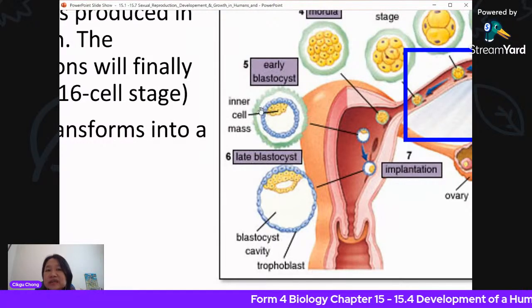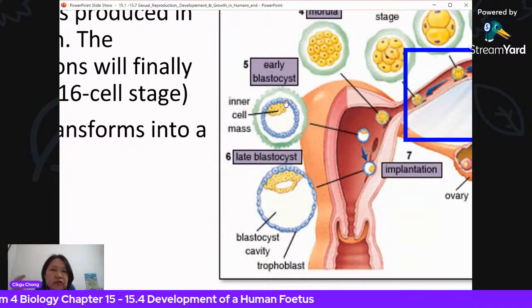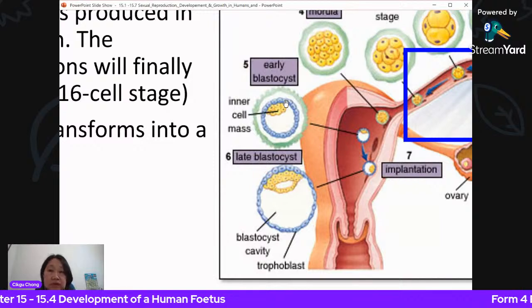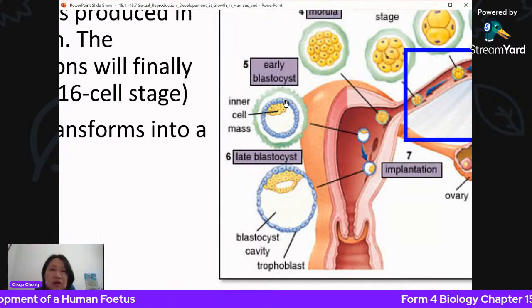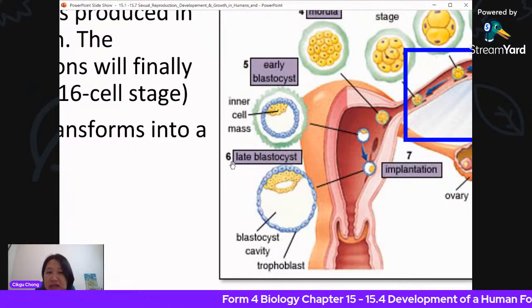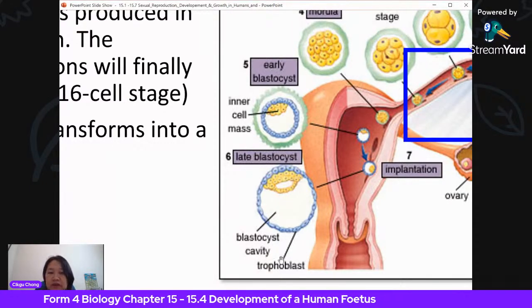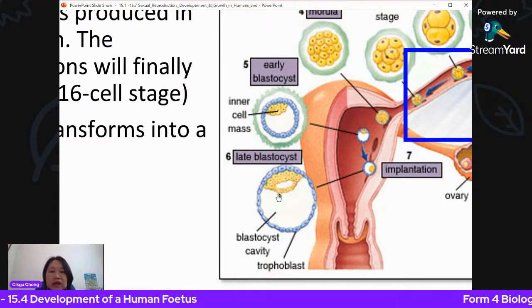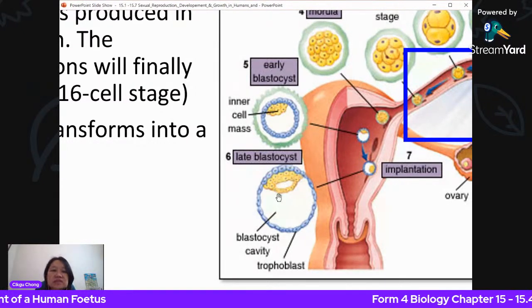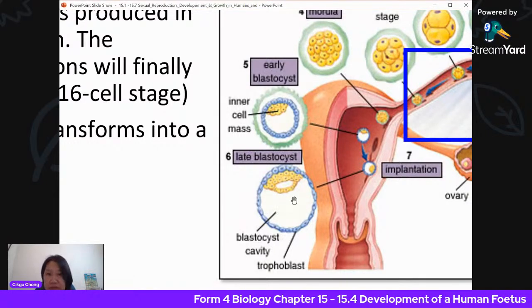The inner cell mass cells will go on later to form the parts of the body. That means it's going to form the cells that make the baby, the organs of the fetus. In the late blastocyst stage, you have the inner cell mass, which is going to form the embryo, and this liquid here is the fluid that's going to make the amniotic fluid for the baby, the water bag.